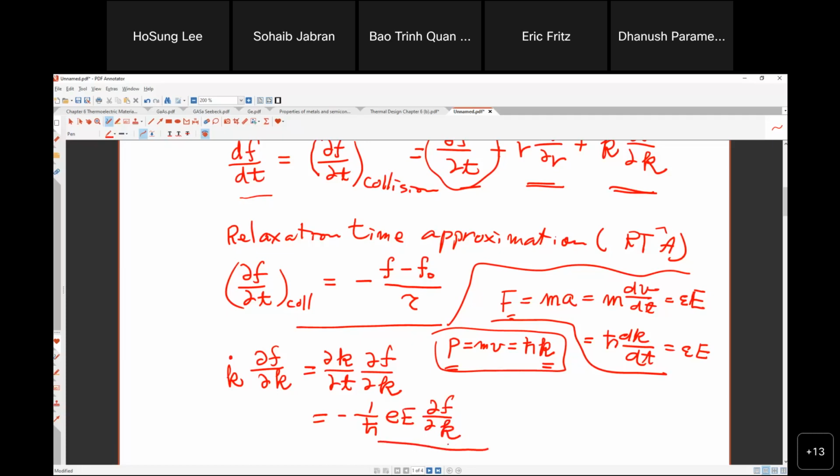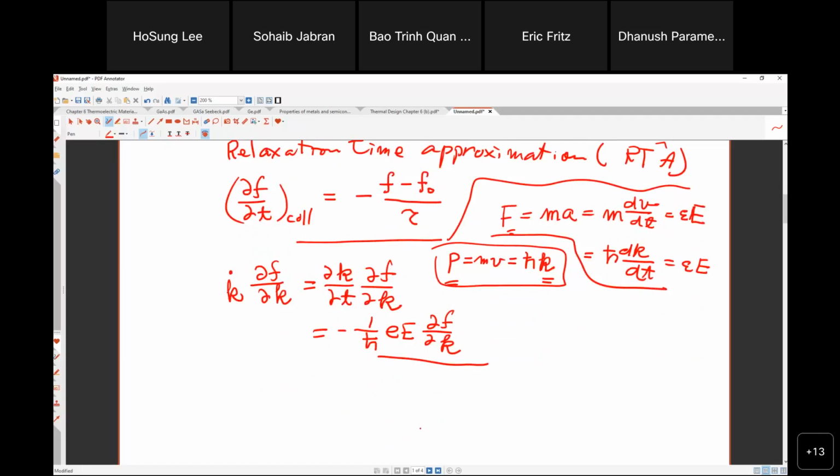So we can come up with this, and the energy E we like to express in terms of energy.